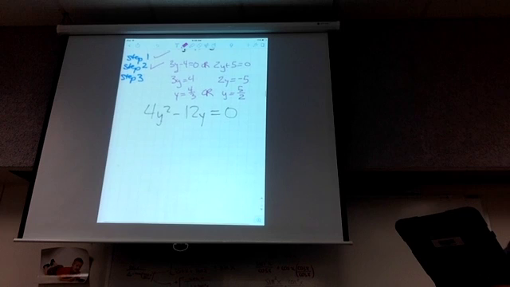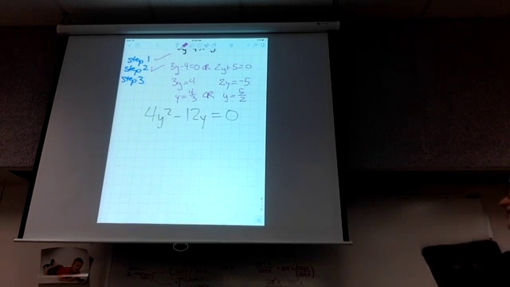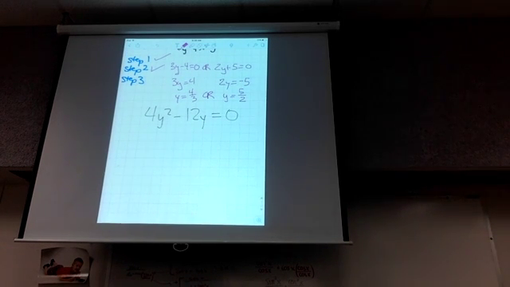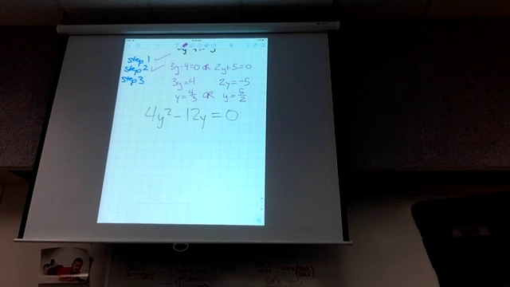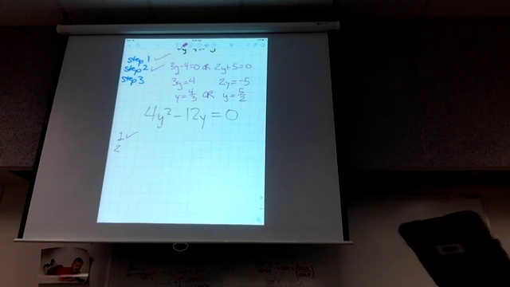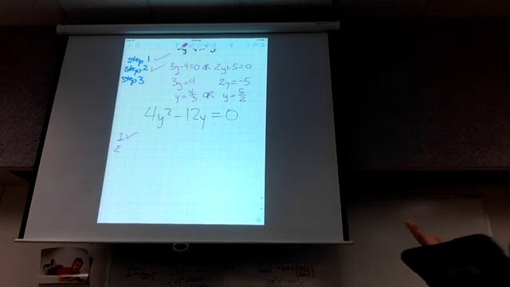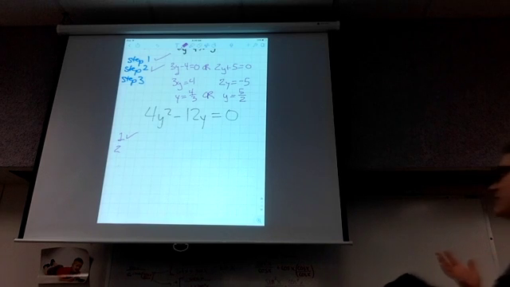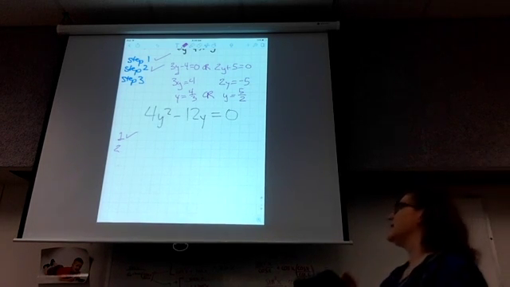So this right here, as far as the steps go, it's not factored yet. Set equal to 0 in descending order. Step 1, check. Factor, we have to factor that. So there's not 4 terms, so we're looking at the GCF. We're not looking at grouping. GCF of 4y squared minus 12y.